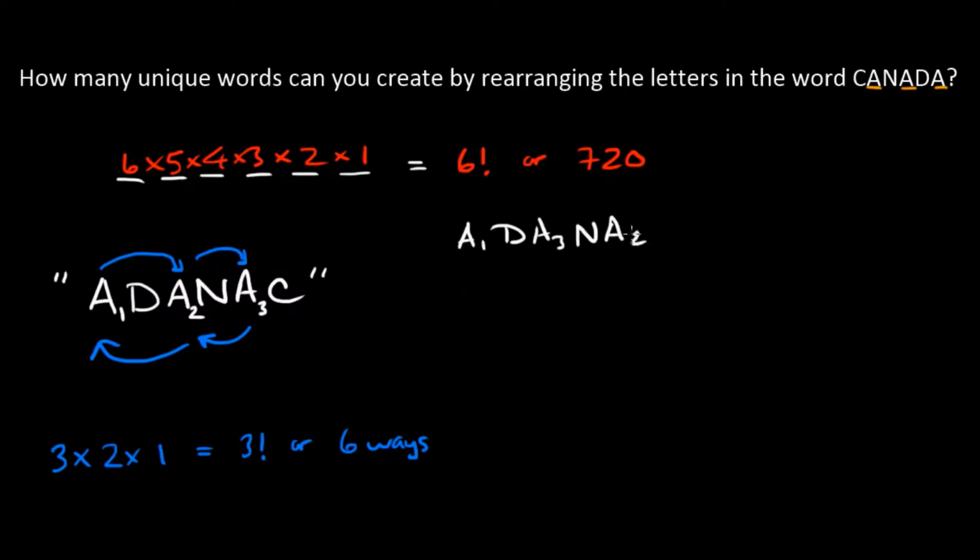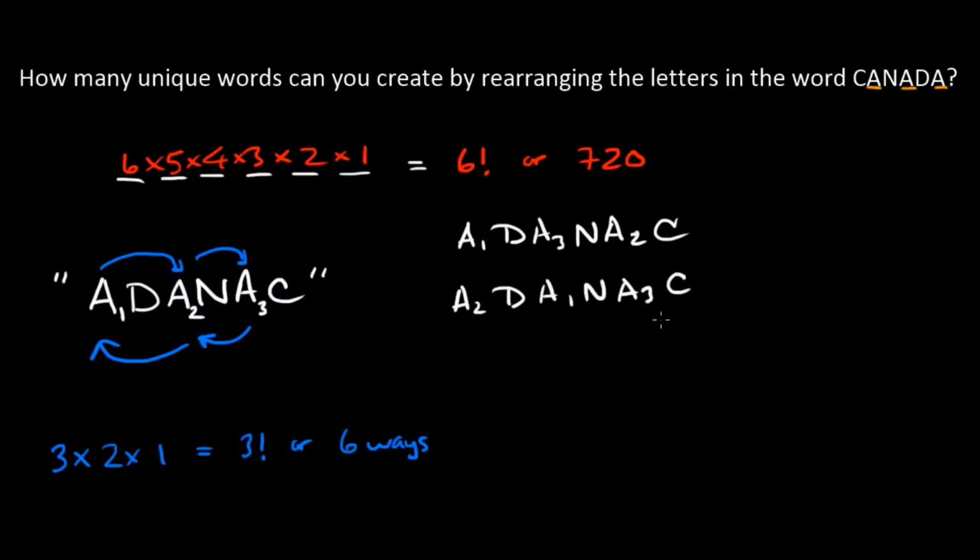And hopefully you recognize that this is the same word. This is still Canada being spelled backwards. So I got 2 of our 6 possible ways we can have Canada spelled backwards. Now, of course, I have to put a different A in the front, so let's put A subscript 2, and then we'll put 1 and 3 in these other 2 slots.